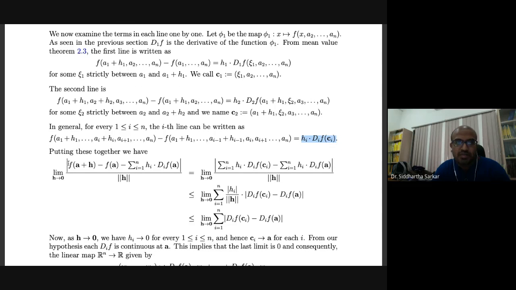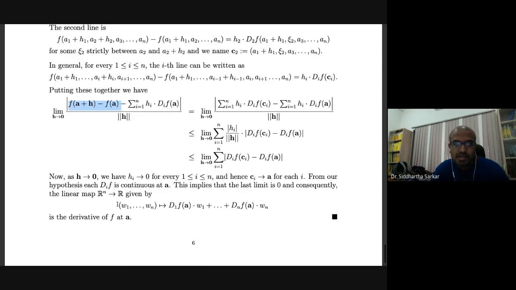So remember, if I want to guarantee the derivative exists, then what I need is some kind of linear map over here. So f of a plus h minus f of a, and then you subtract some linear map computed at that particular point h. Okay, so what is the linear map over here? You take the n coordinates w1 to wn going to the scalar d1f(a) times w1, d2f(a), that's a scalar again, times w2, and dnf(a), that scalar, times wn.